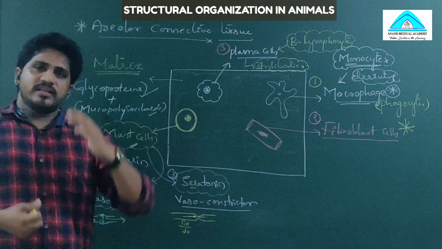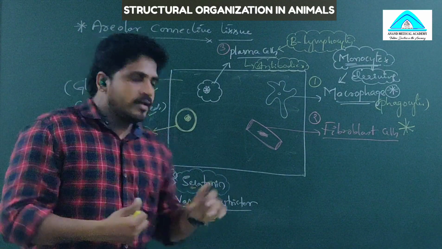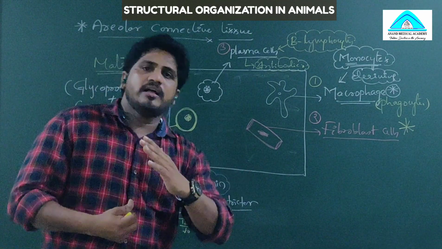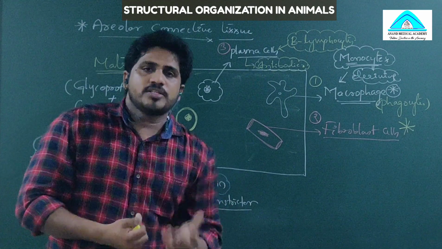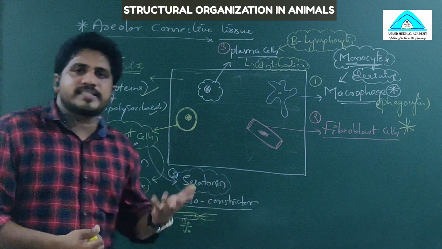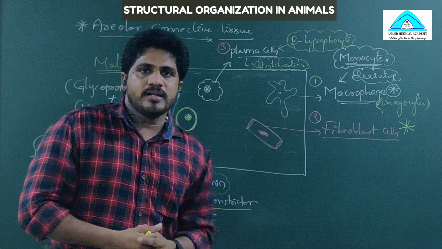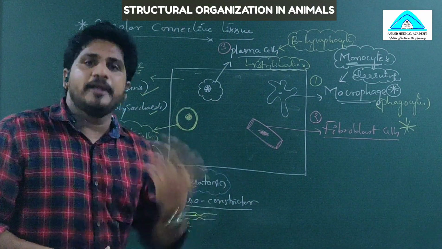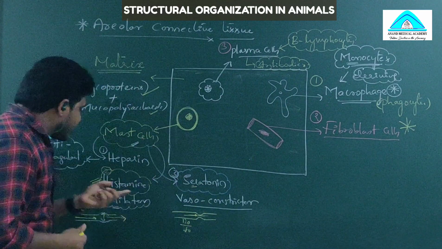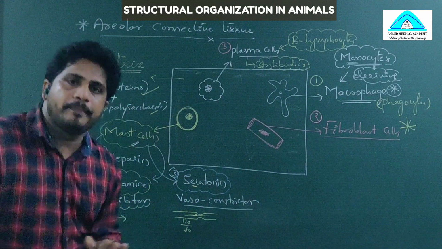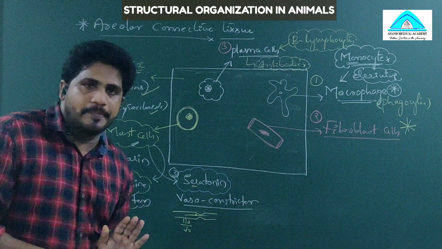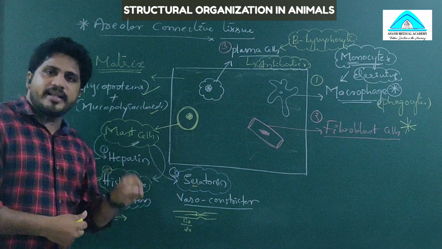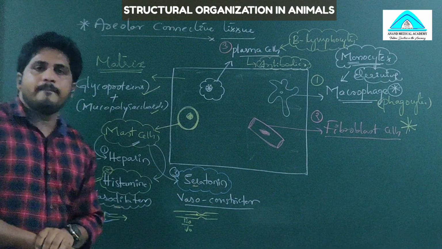Whenever in our body blood pressure comes down, serotonin will be released by the mast cells and the blood pressure is increased up to normal. So, if too much serotonin is released, high BP comes. So, hypersecretion of serotonin results in high BP, more blood pressure. Hypersecretion of histamine results in low BP, less blood pressure. I hope you understand about the chemicals and their role in our circulatory system regarding mast cells.